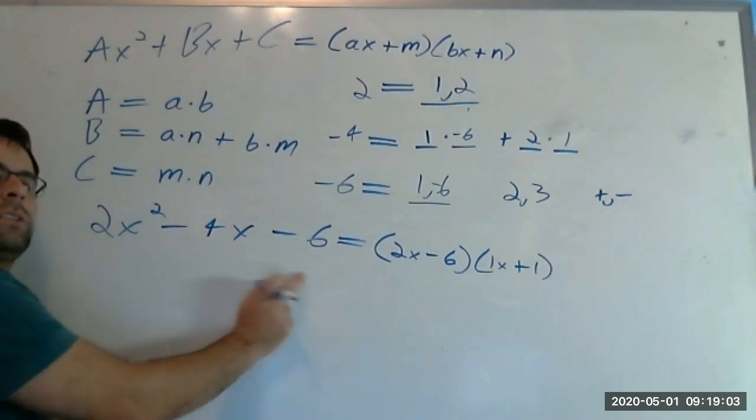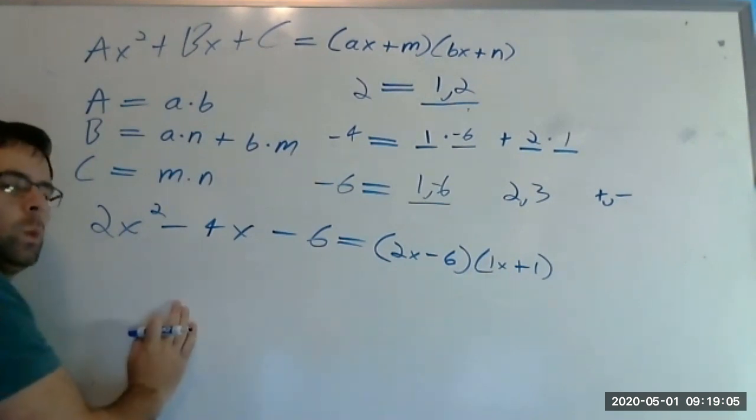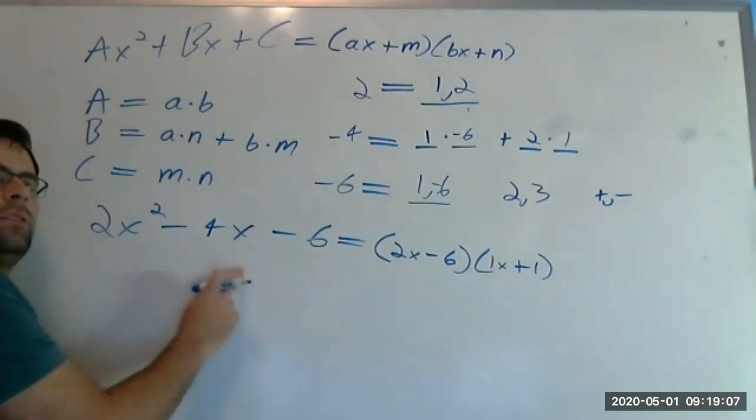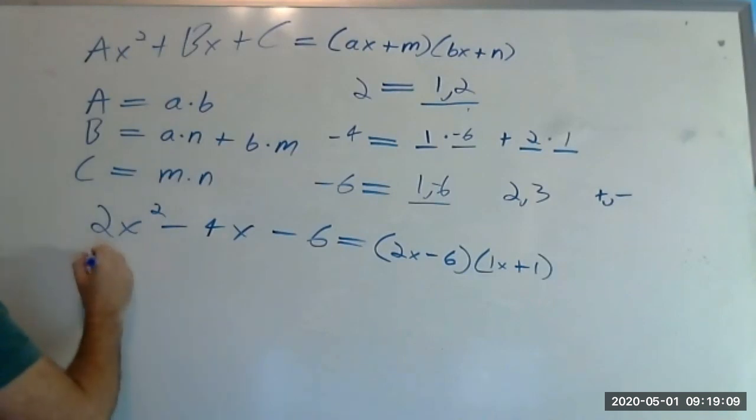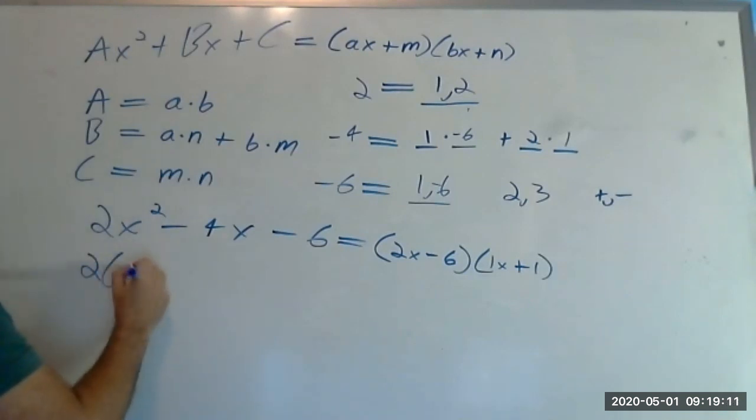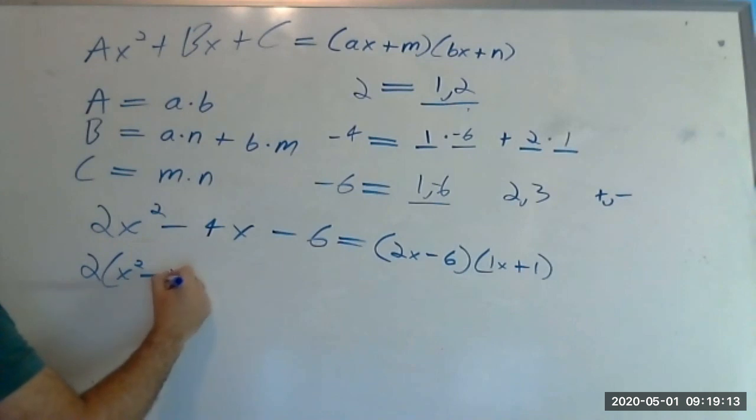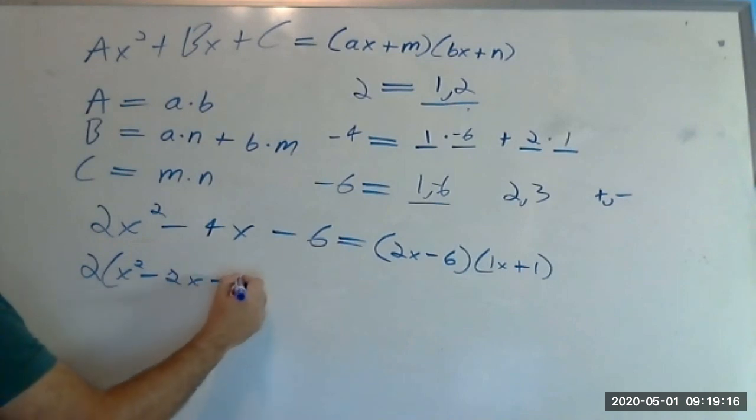All three of these are divisible by 2. So you can take a 2 out of each of these, and then you have 2 times x squared minus 2x minus 3.